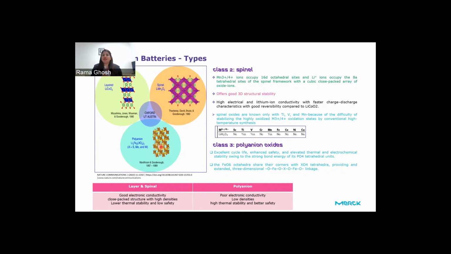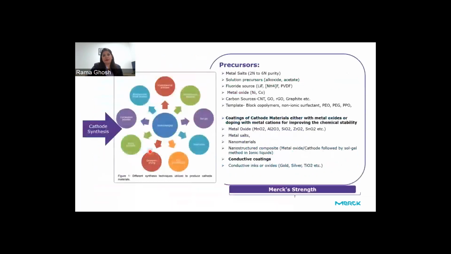Most importantly, it addresses the main concern for lithium-ion batteries, the safety. This cathode has increased safety, elevated thermal and electrochemical stability, and this all happens because of the PO4 tetrahedral structure, or if you replace P by X with sulfur, molybdenum and tungsten. This study is also ongoing.